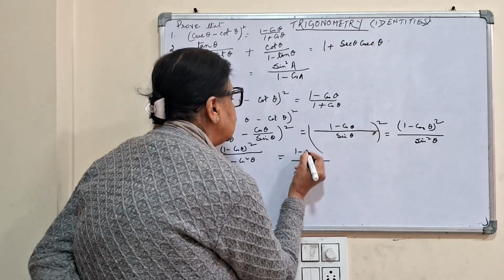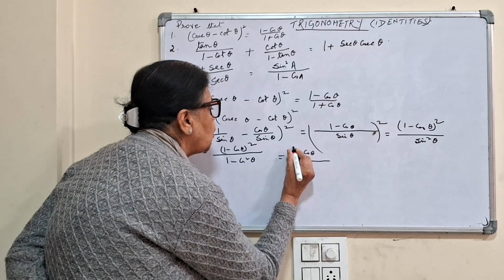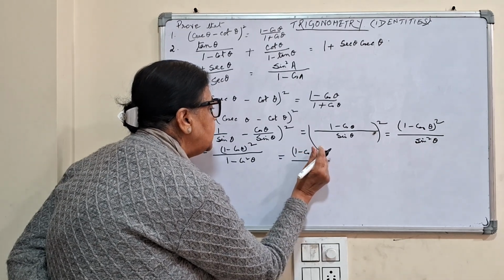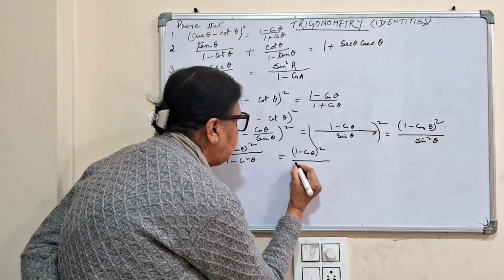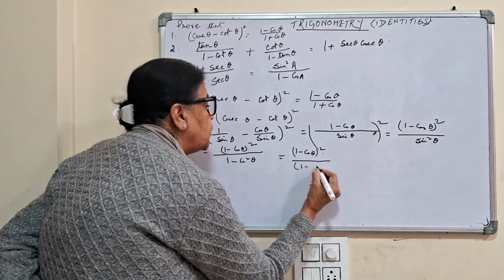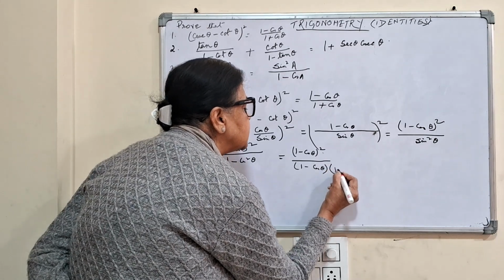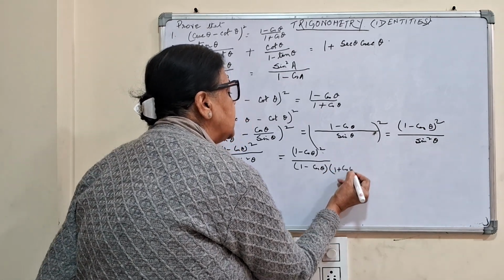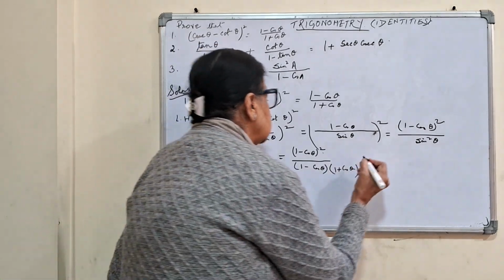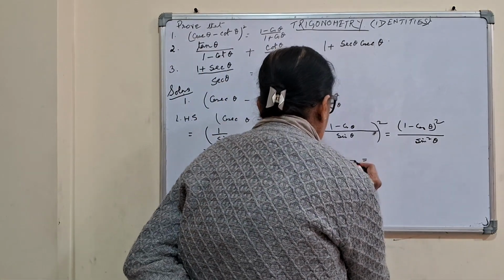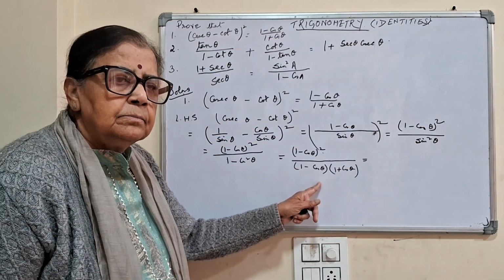That is (1 minus cos theta) whole square divided by a plus b, a minus b, that is 1 minus cos theta and 1 plus cos theta. This is only algebra, nothing else. I have not done anything. Now I have cancelled one of the terms, 1 minus cos theta.